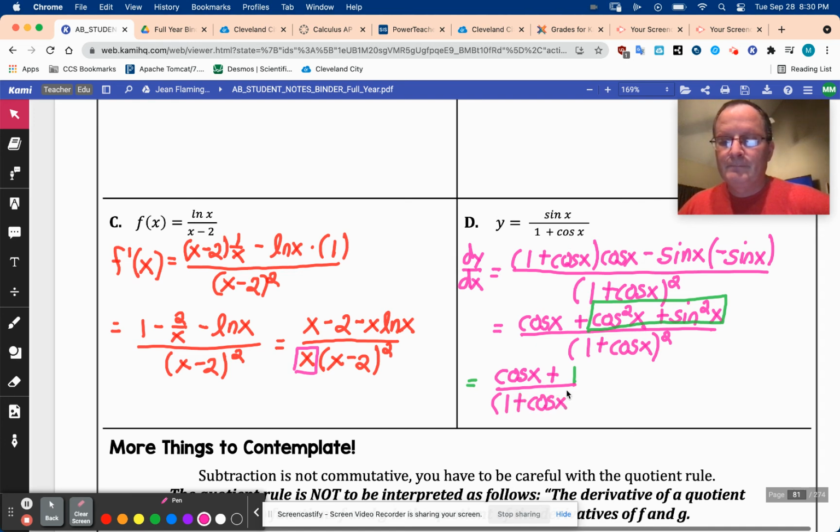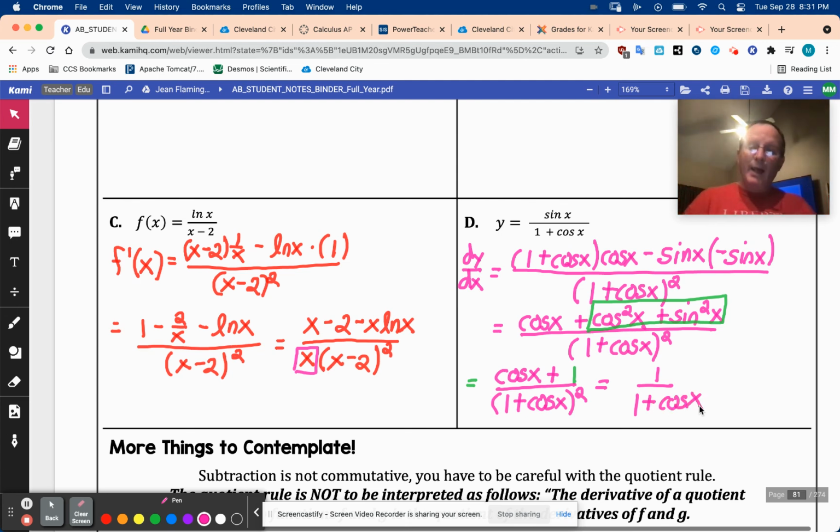All right, and that works out nicely, and so that simplifies. The numerator cancels completely with one of them in the denominator, and so I end up with 1 over 1 plus cosine x. So that is pretty good.